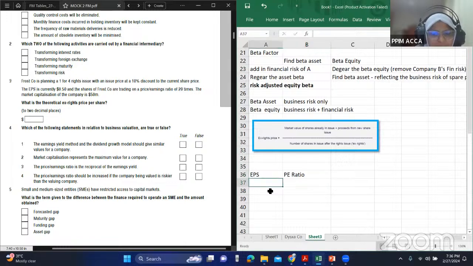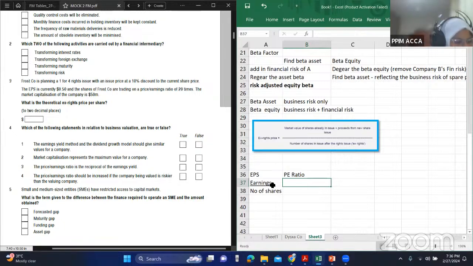capitalization. So let's look at EPS and the PE ratio. So we know one thing, EPS is calculated like this: the total earnings, we divide it by the number of shares. That's how we calculate EPS usually. Okay. And the PE ratio, how do we calculate it?